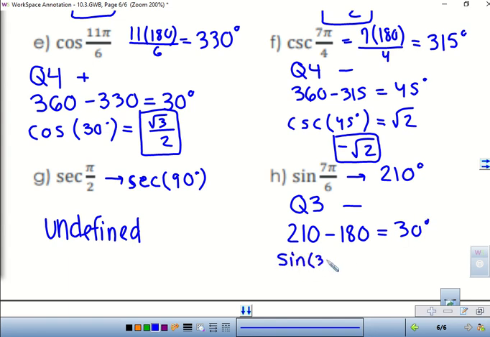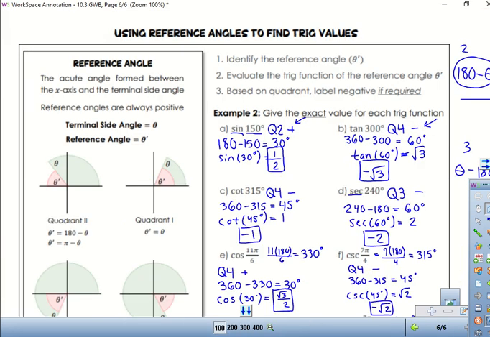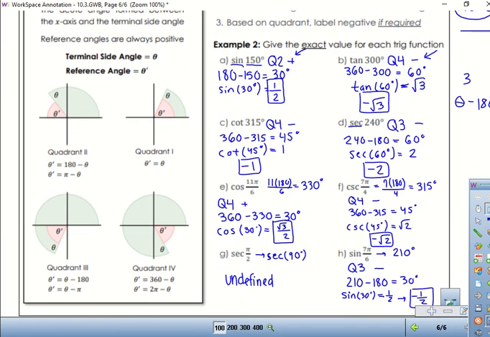Sine of 30 is 1/2, which ends up being negative 1/2. Which also you can see on your unit circle. You can see that at 210, your sine, which is your y coordinate, is negative 1/2. Does that kind of make sense? Okay. This is kind of a weird thing to introduce because it's so different.